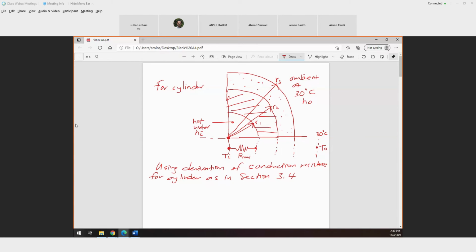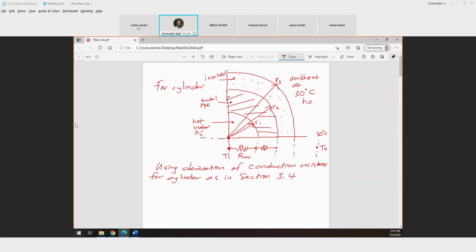Okay, and then after this section, you will pass through a resistance due to the pipe. Let's say this is a metal pipe, and this one probably the insulator. So the first resistance is due to the convection.